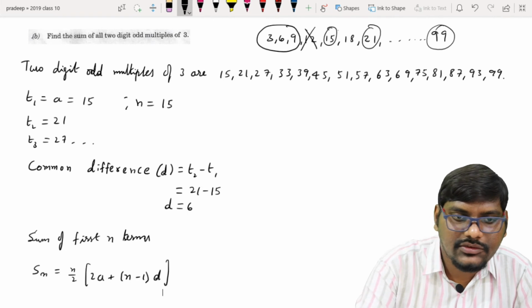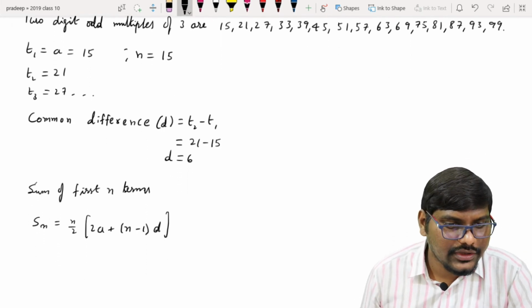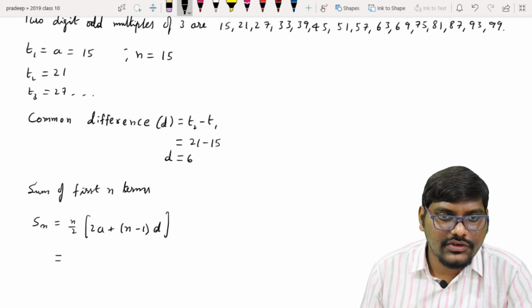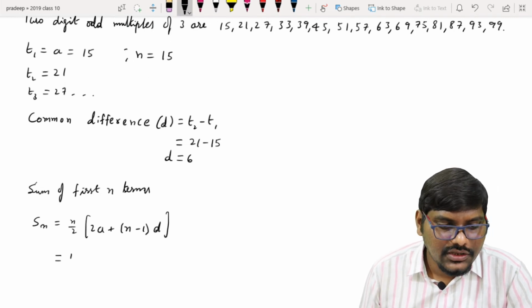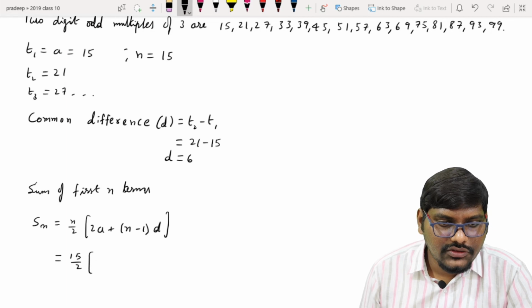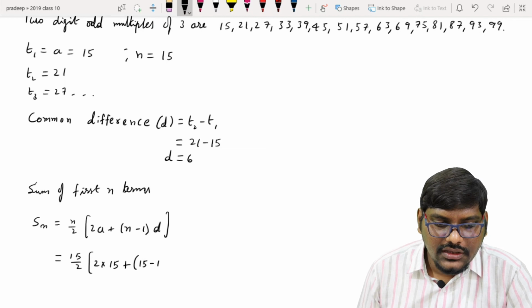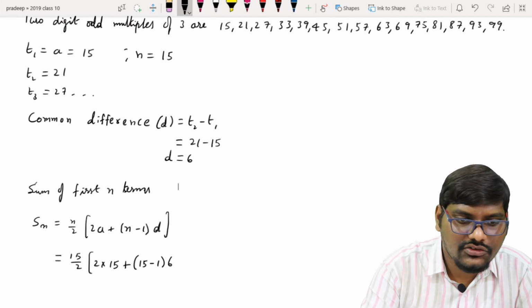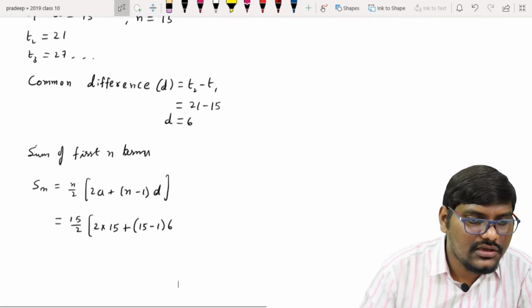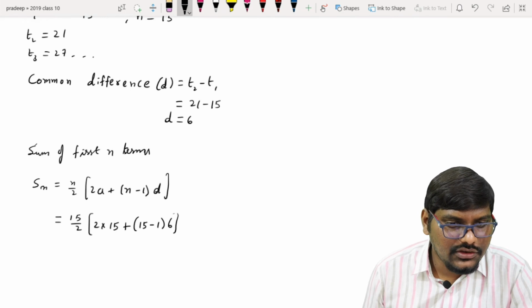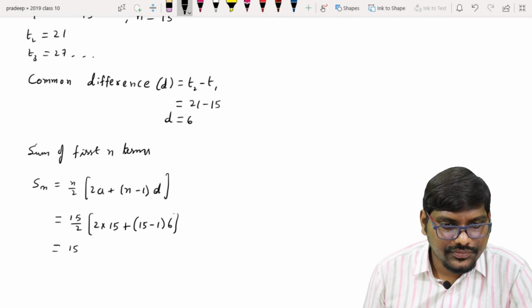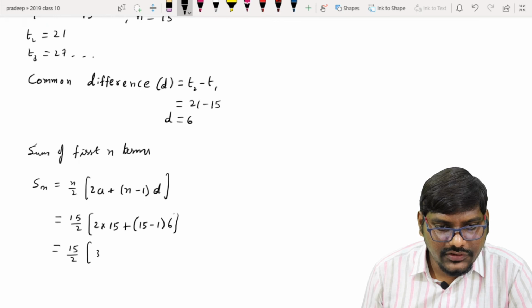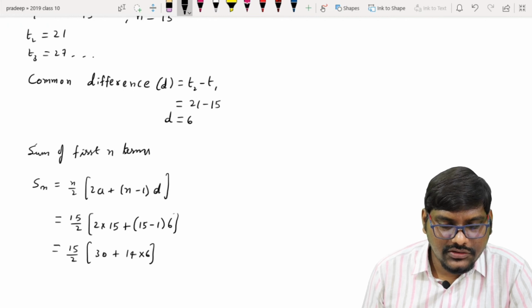We'll substitute all these terms and get the value. n is 15, so I can write 15 by 2 into (2 into 15 plus (15 minus 1) into 6), since d was 6. So 2 into 15 is 30, and 15 minus 1 is 14, into 6.